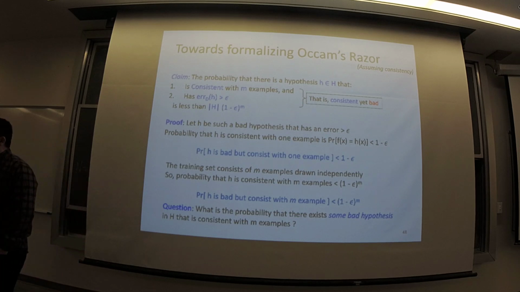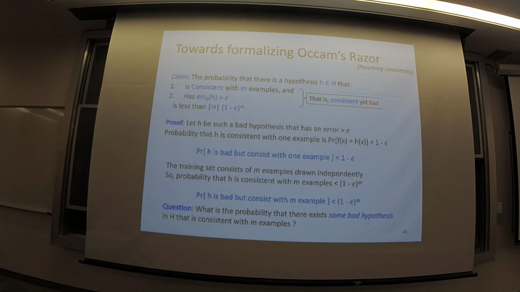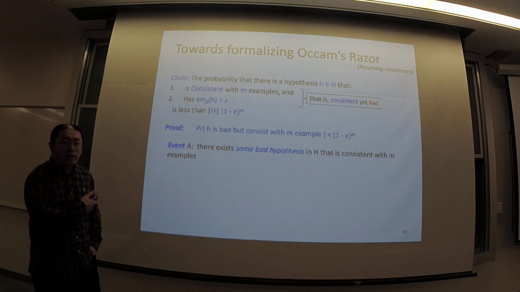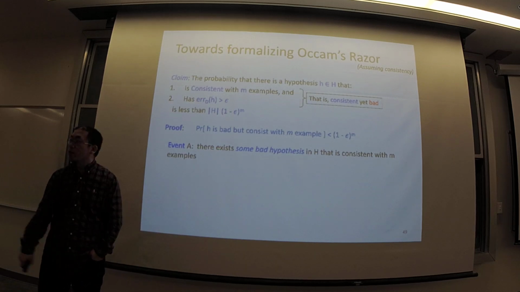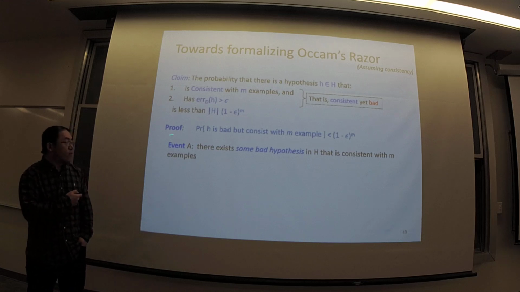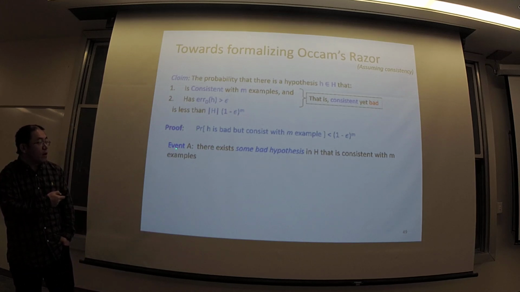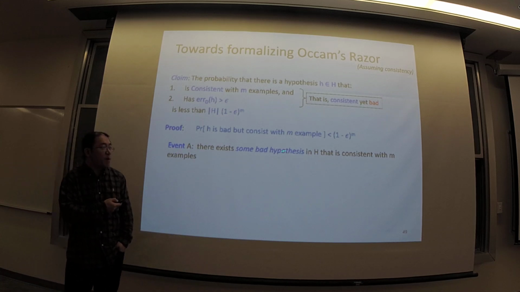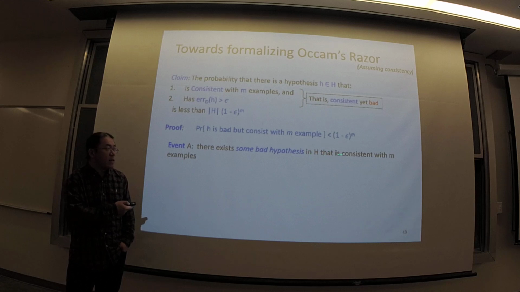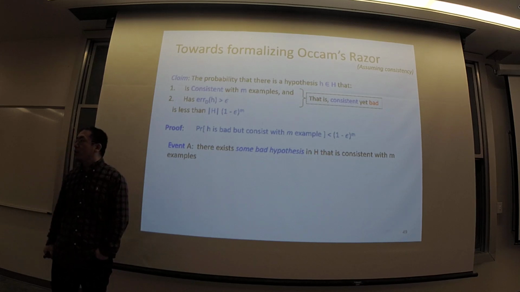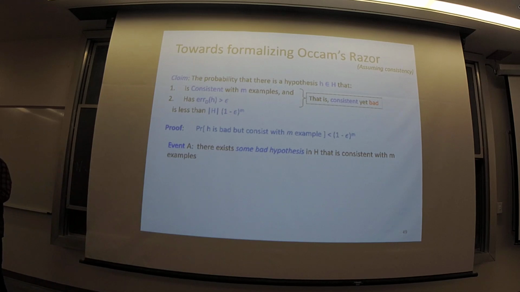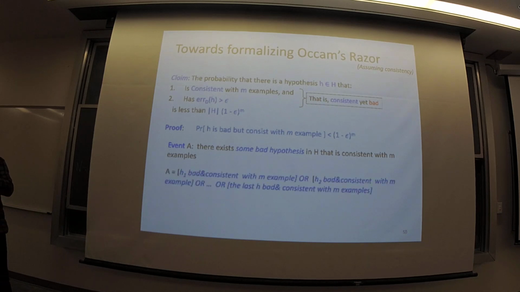Union probability. Yeah, perfect. We should look at the structure of this event. This claim is talking about the chance of the event that there exists some bad hypothesis in the hypothesis space that is consistent with all the m training examples. This event can be decomposed as a union of a set of events.